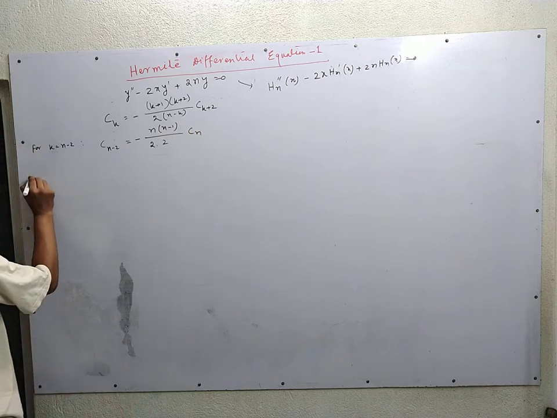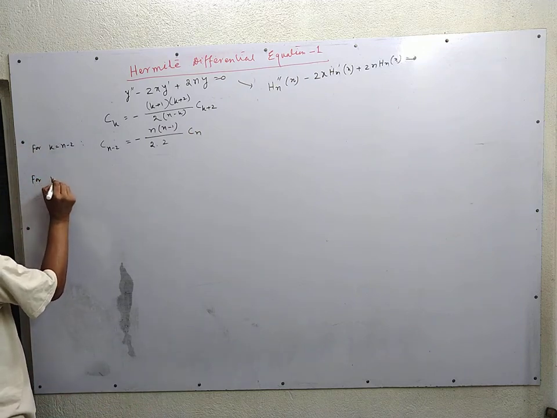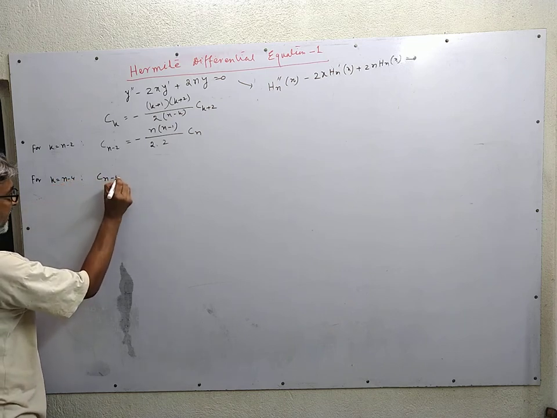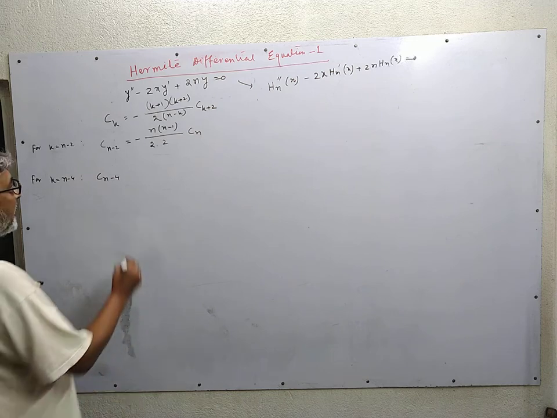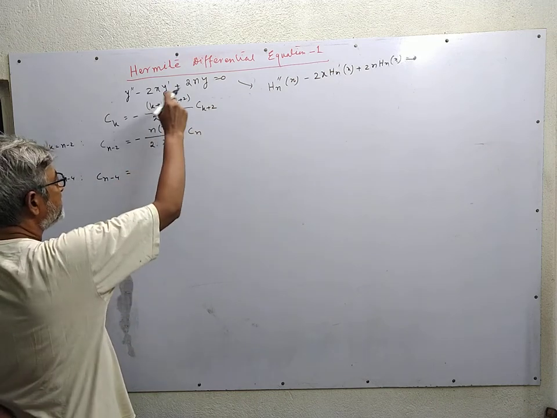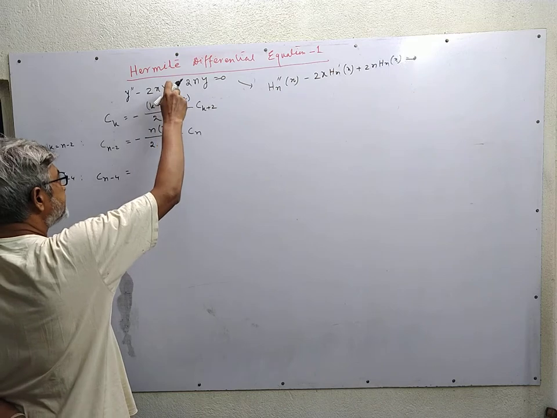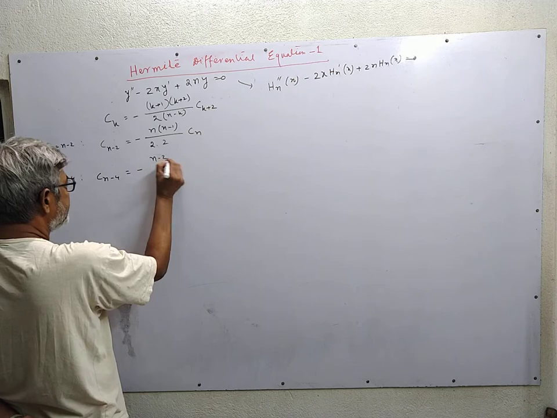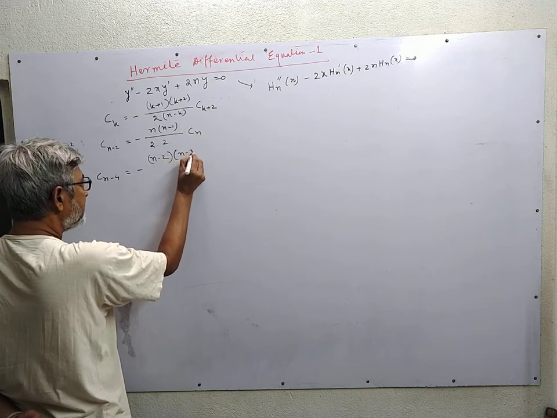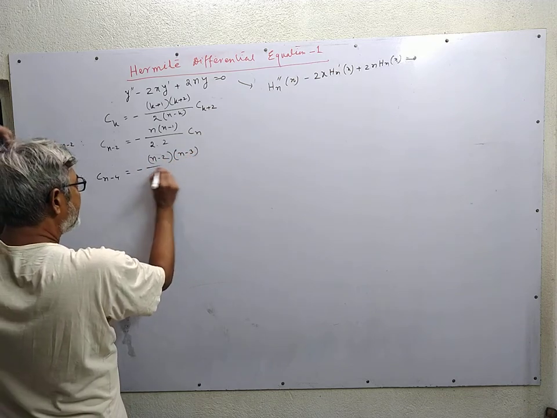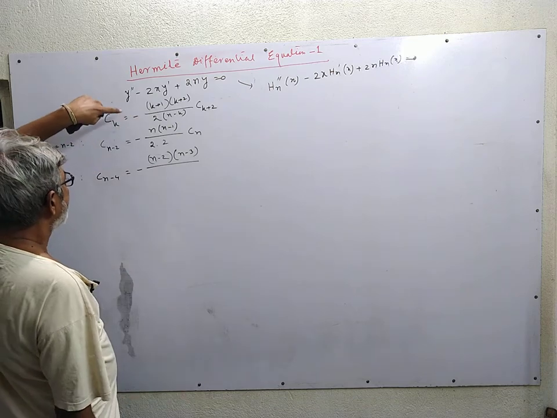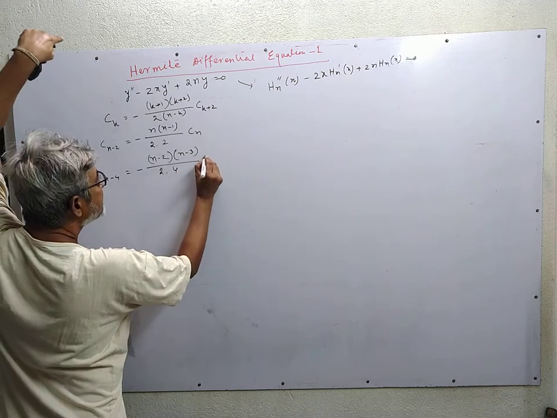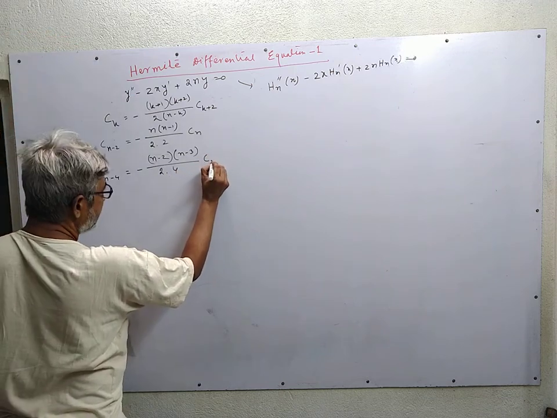For k is equal to n minus 4, we get C of n minus 4, and in the denominator there is n minus 2 and n minus 3 term, minus n minus 2 and minus 3, and in the denominator we have 2, and this term is 4 C n minus 2.